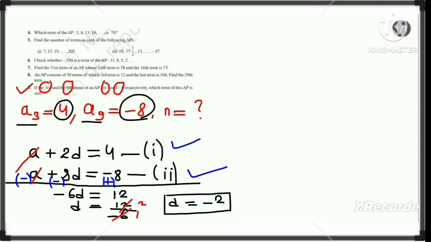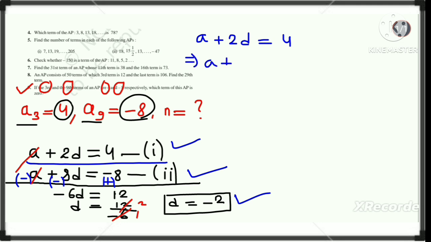Okay, now let's put this value of d in equation 1 so that we can obtain the value of a, that is our first term, right? So our first equation is a plus 2d equal to 4. Now a plus 2 into d, we have minus 2, equal to 4.